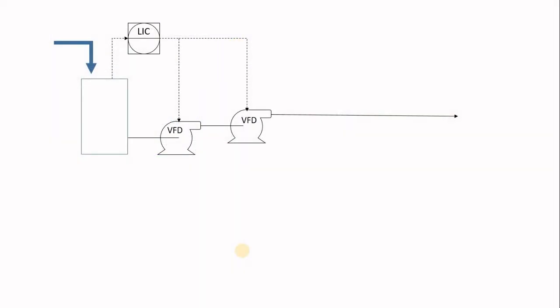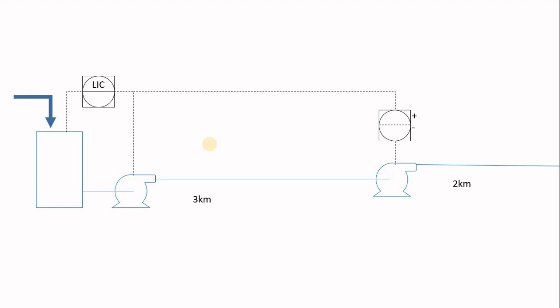As we established before, if we have two pumps close coupling and then we have LIC, the LIC will run both pumps at the same speed, and we are satisfied with this as an acceptable control scheme.